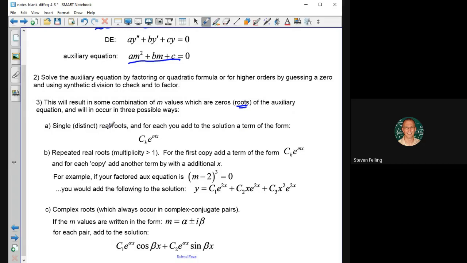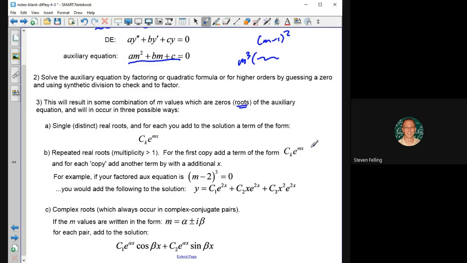If you have a real root, but it's repeated, like you end up with, say, m cubed, there's a multiplicity of 3 for this value of 0, let's say, or let's say you had m minus 1 squared. There's a multiplicity of 2 with the m value 1. Then what you do is for the first copy, you include a term like part A, you put a constant times e to the mx.